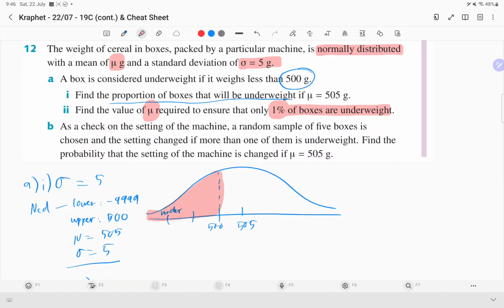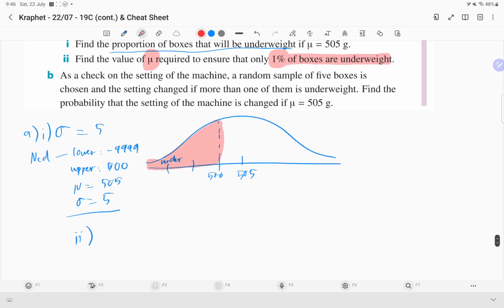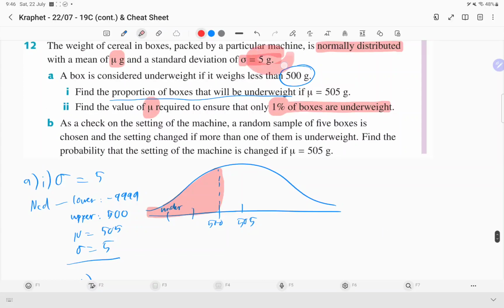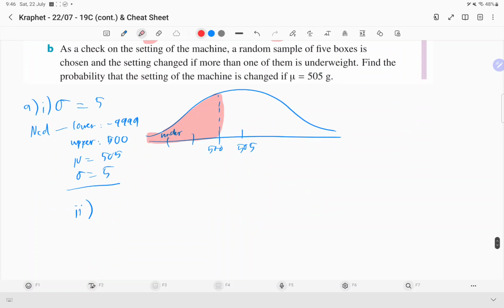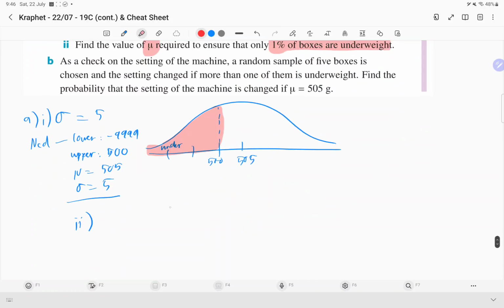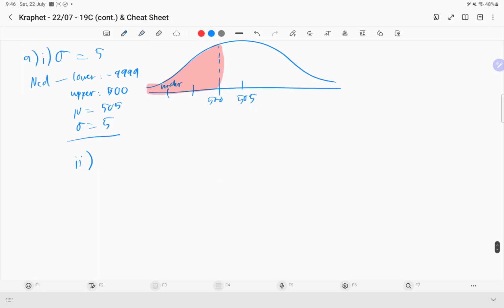Yep. Now find question A2. Find the value of the mean required to ensure only 1% are underweight. Remember the standard deviation is 5 grams. We need to find a certain mean value so only 1% is underweight. Let's visualize this. 1% underweight is a really small amount.